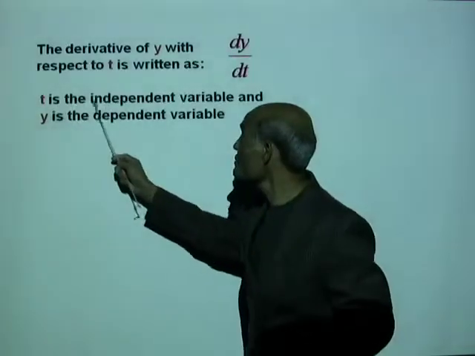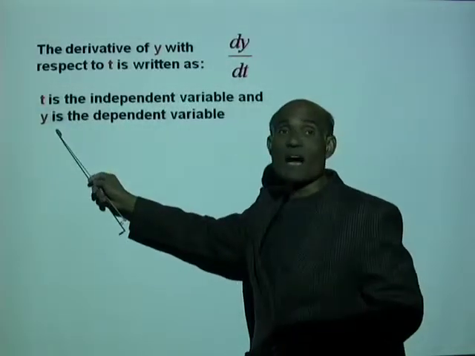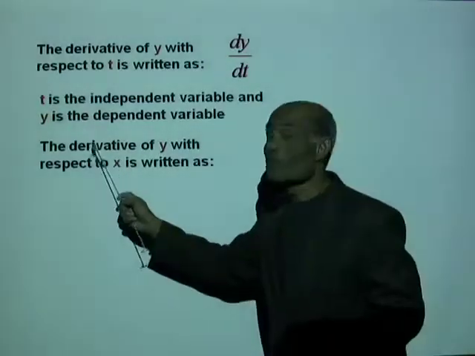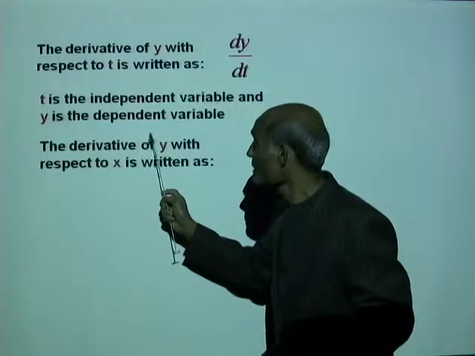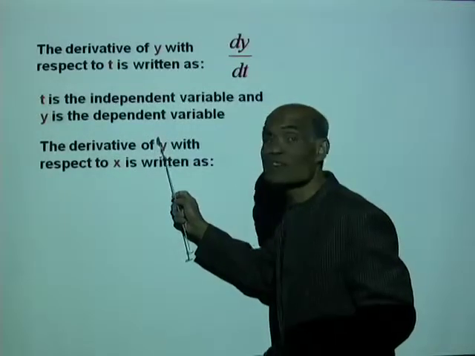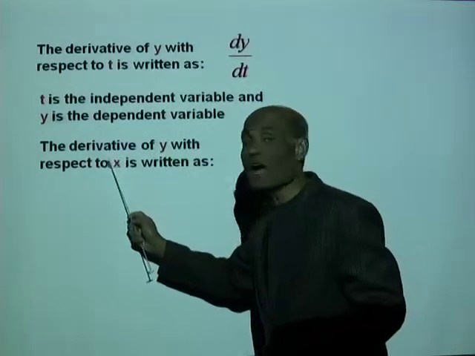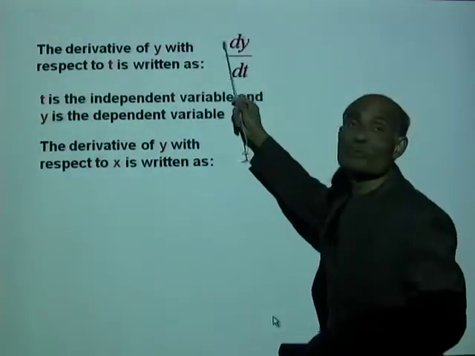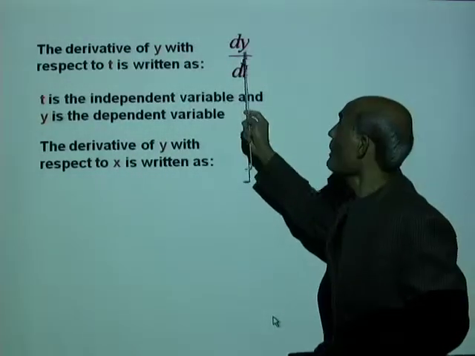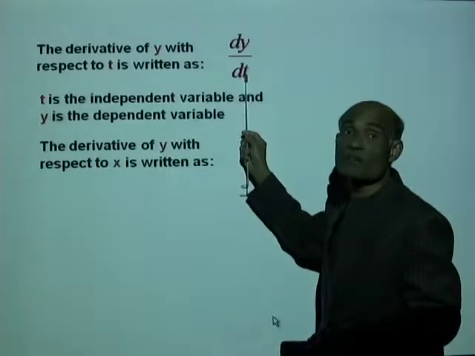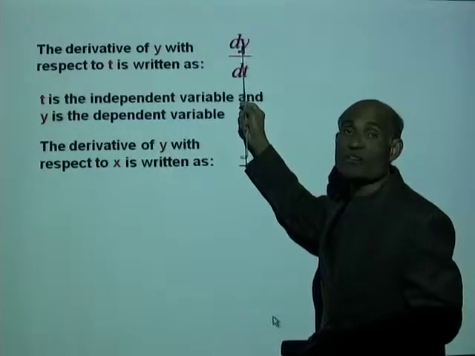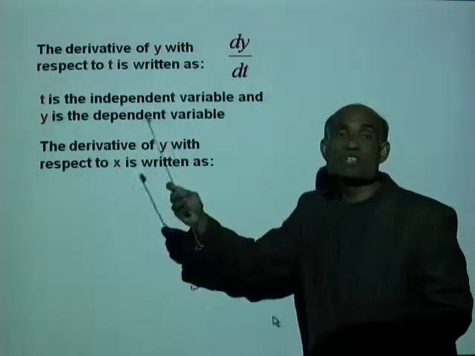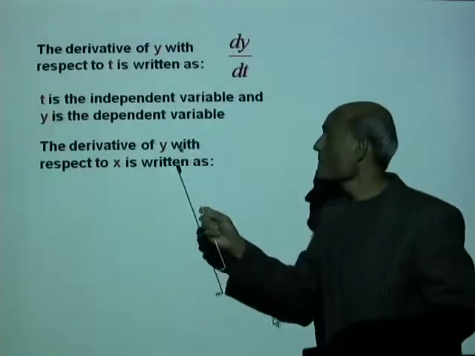Now here, t is the independent variable and y is the dependent variable. So, on the other hand, if you have y as the dependent variable and x as the independent variable, how will you write the derivative? When t is the independent variable and y is the dependent variable, the derivative is written as dy by dt.